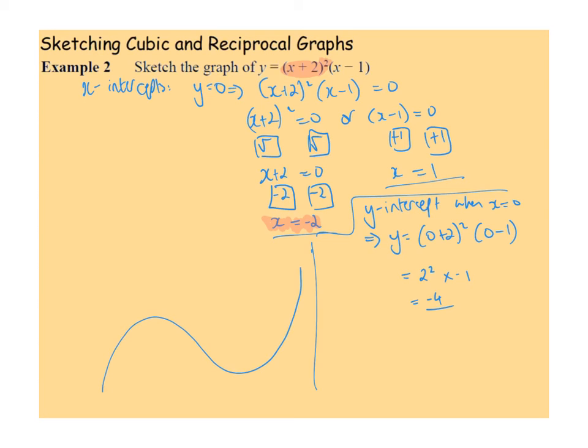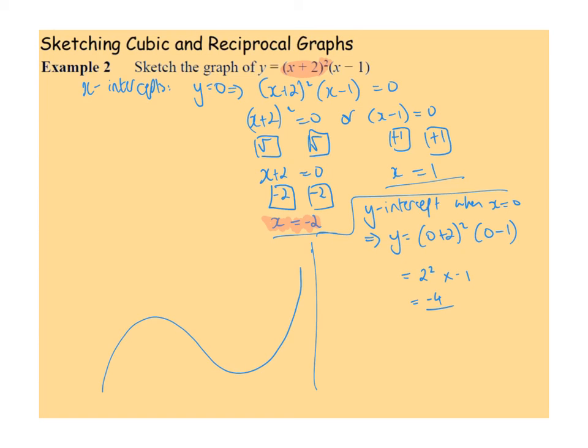So that x-axis can't be in the correct place. So let's try somewhere else. If I pop it down here, oops. Pop it down here, then I have got 2 roots this time, here and here, −2 and 1.